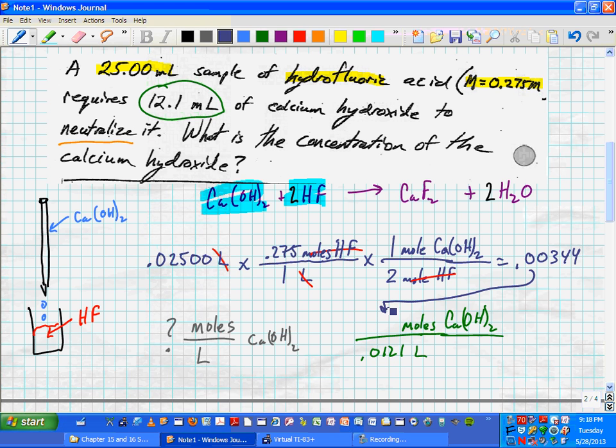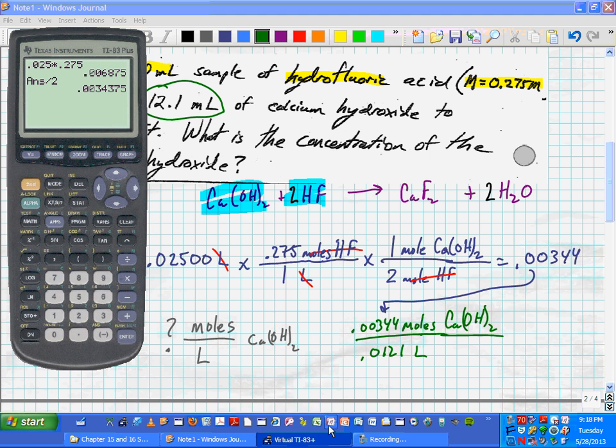Put that in here. That goes right in there. 0.00344 divided by 0.0121. So all I'm going to do is take my answer and divide that by 0.0121.